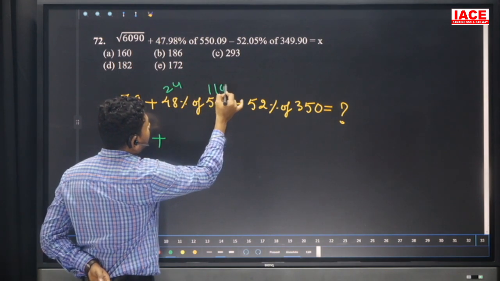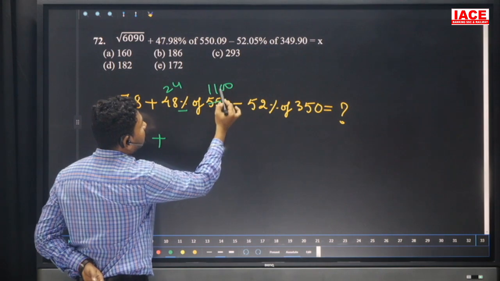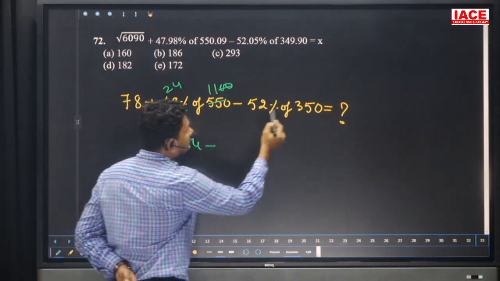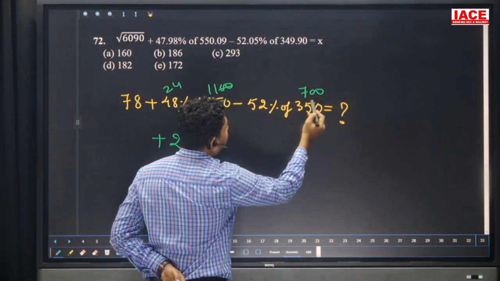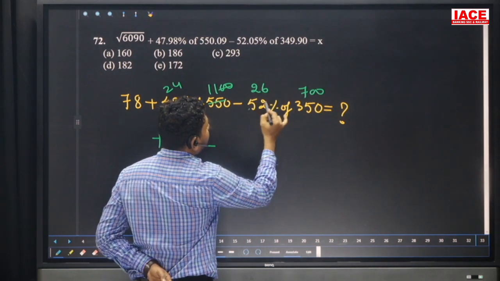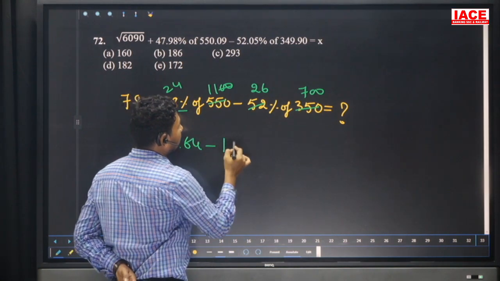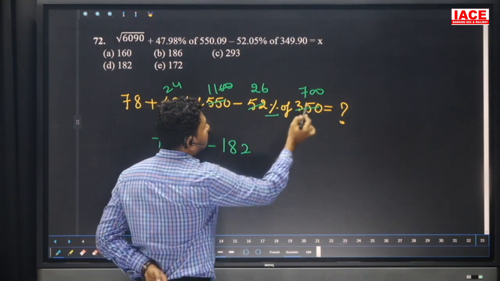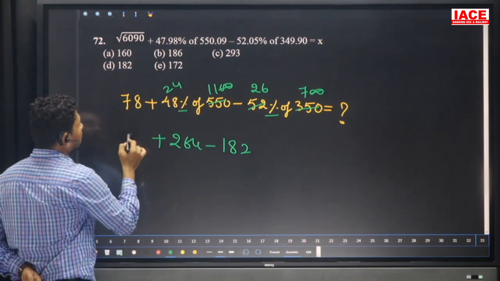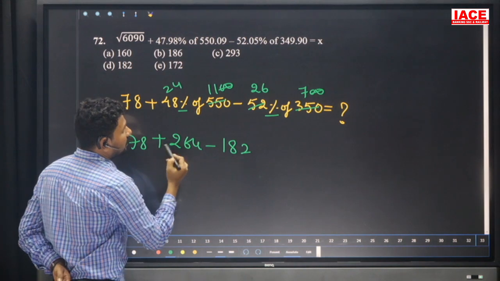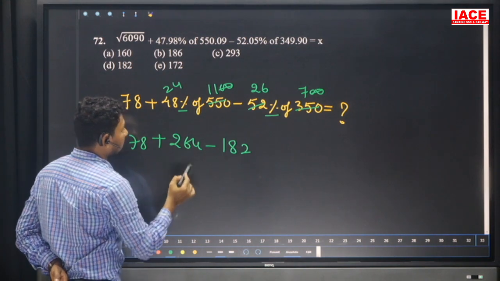Here 1100, that we can write, and percentage wise 2 zeros cancel. 1124 we can write, 264 minus 700 here and 26, and 7 into 26. 7 2s are 140, 7 6s are 42, which is equal to 182, and percentage wise 2 zeros cancel. 182 is removed from 264. What will be the answer?